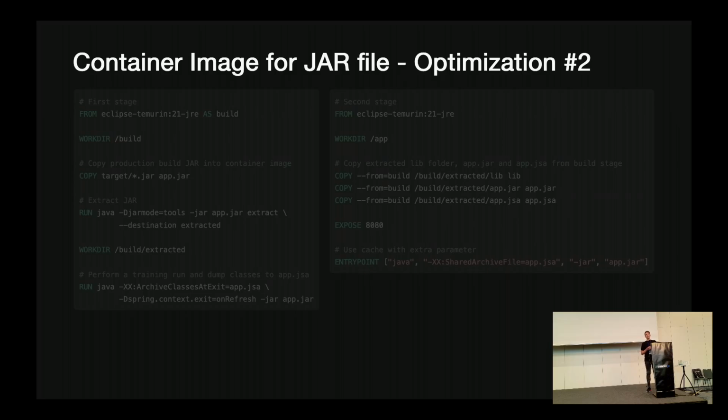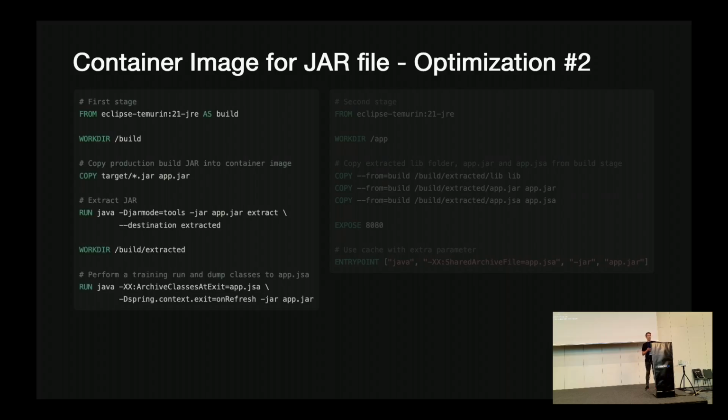Another option for reducing the start time and even reducing the memory consumption is the so-called class data sharing, or CDS, that was introduced in the recent Spring Boot 3.3 release, I think. And for this purpose, the Hilla app is extracted and then executed once for training purposes. And the result of this training run is a file that is called app.jsa.